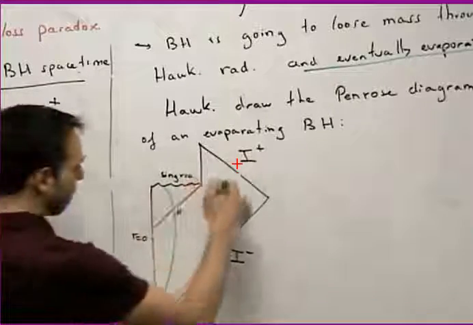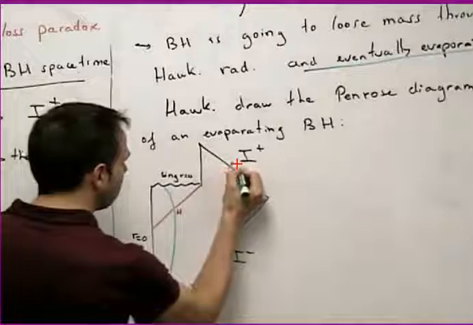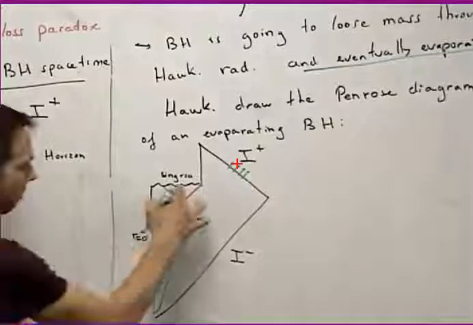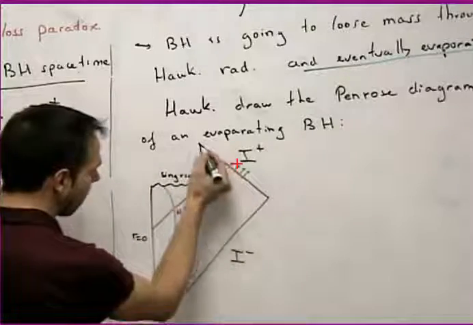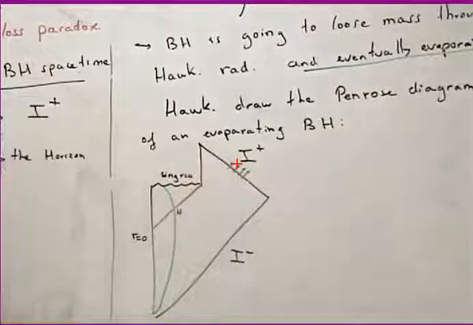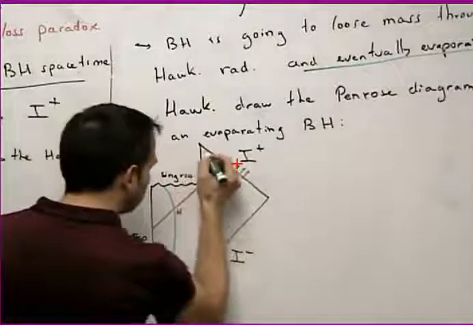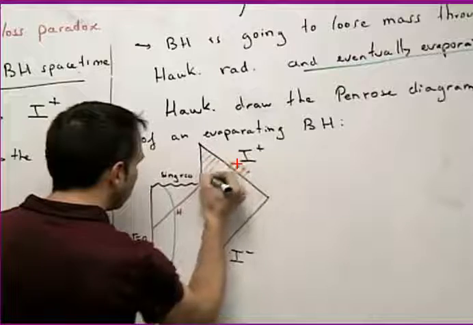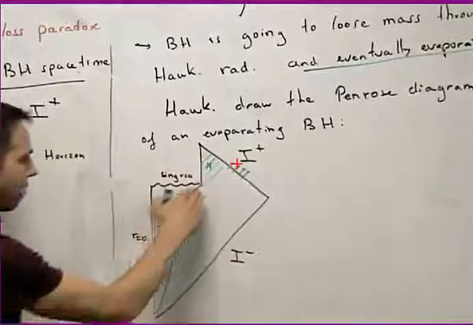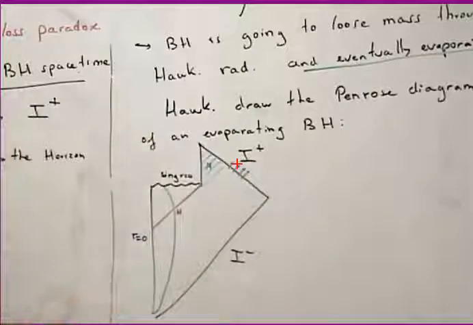The black hole emits radiation. Hawking radiation gets here to scri. But after some time, the black hole has evaporated completely, and in this region, we have just Minkowski spacetime again. So this shaded region is like Minkowski because the black hole has evaporated completely. All the energy of the black hole is in scri.